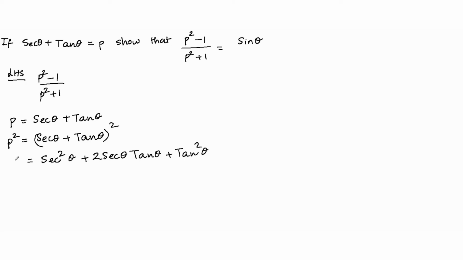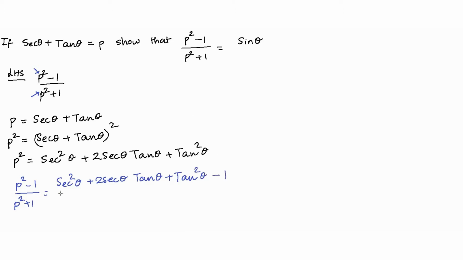Now what I'm going to do is take my left hand side, and substitute the value of p square in the numerator as well as the denominator. So p square minus 1 divided by p square plus 1 is going to be sec square theta plus 2 sec theta tan theta plus tan square theta, and now this is my p square, so I should subtract a 1 in the numerator, right?